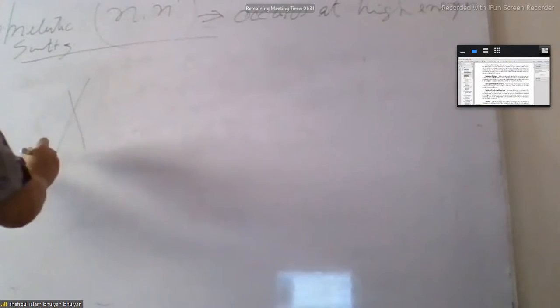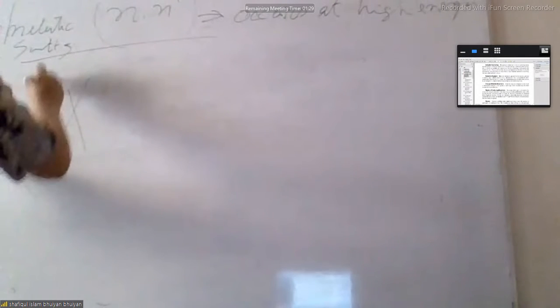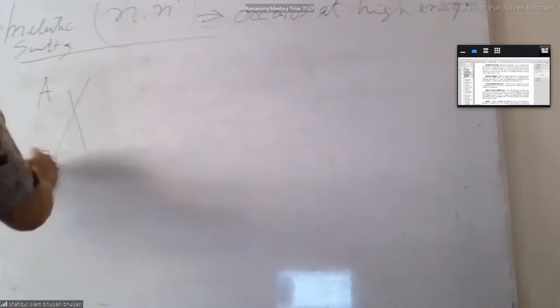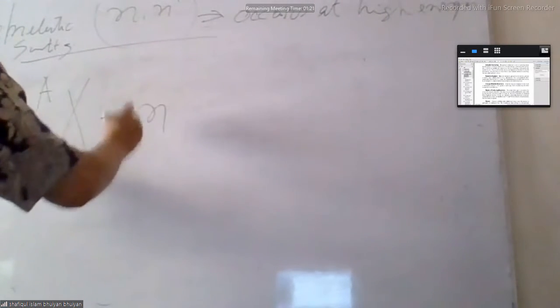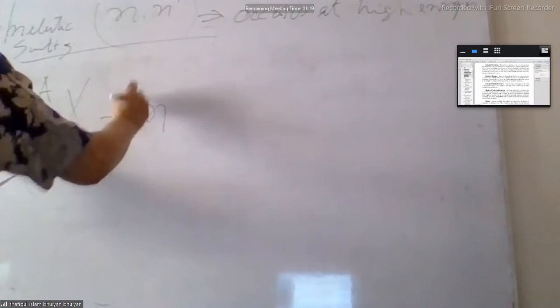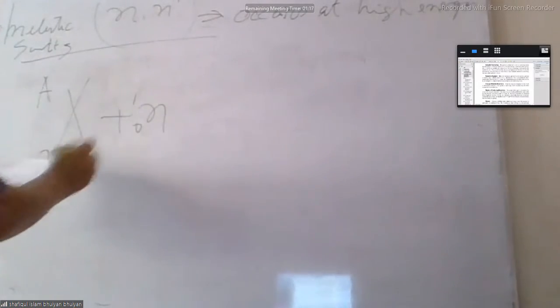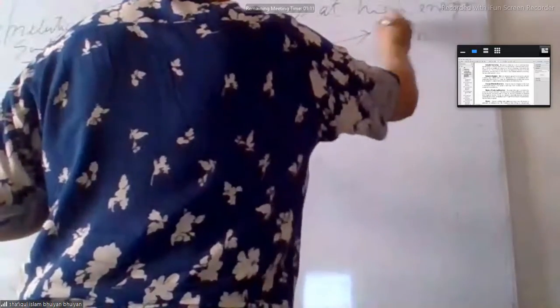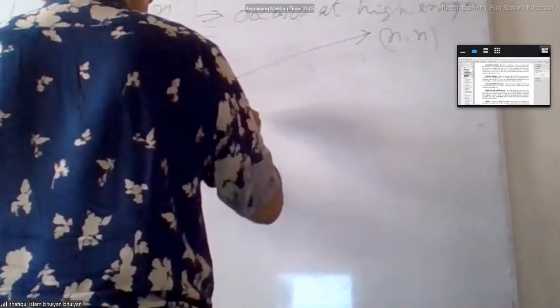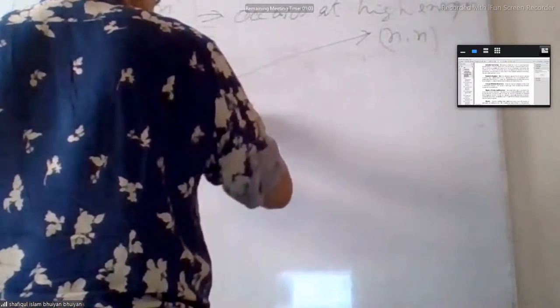This is our nucleus. We hit it with a neutron. This is 1 and 0, and this is A and Z. There can be elastic scattering directly, or it can make a compound nucleus.